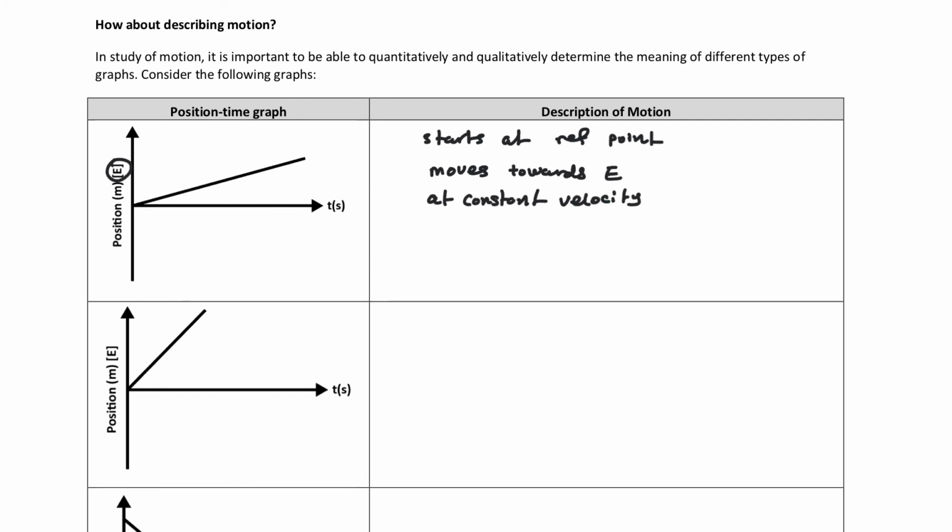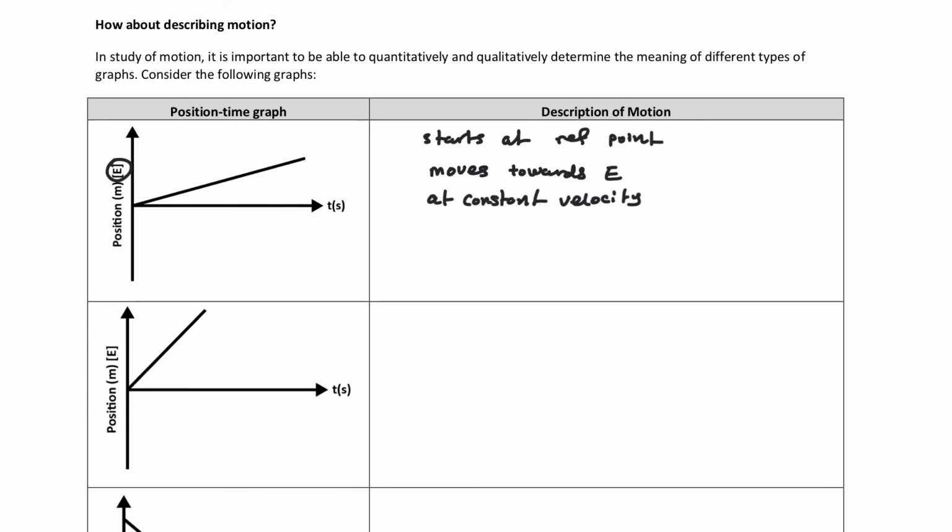Can we know anything about the speed? Well, yes, because the tangent, the direction of the slope, tells us the direction of movement, in this case east, which we also figured out by the position. But the steepness of the line also tells us how large the velocity is.